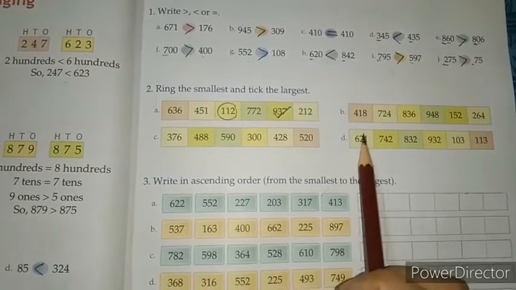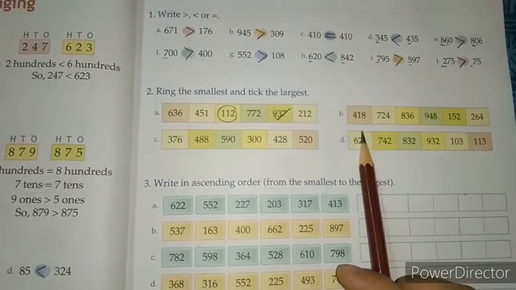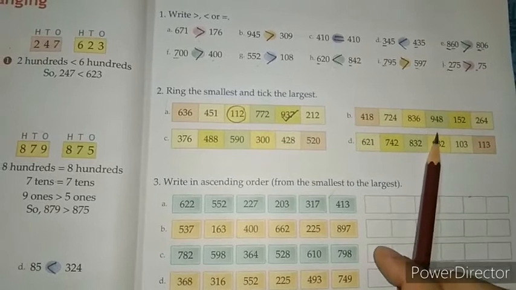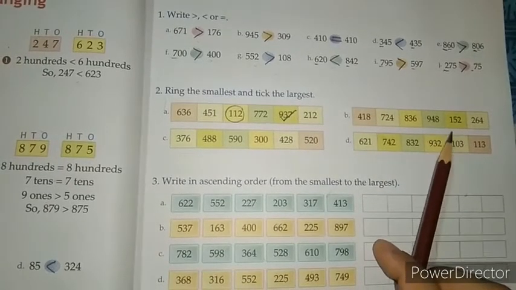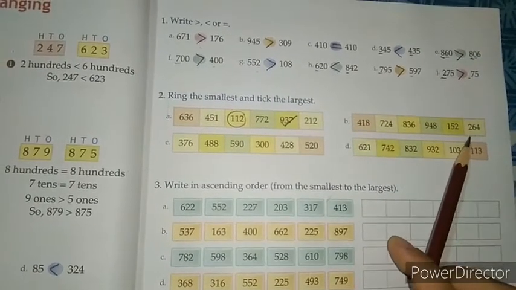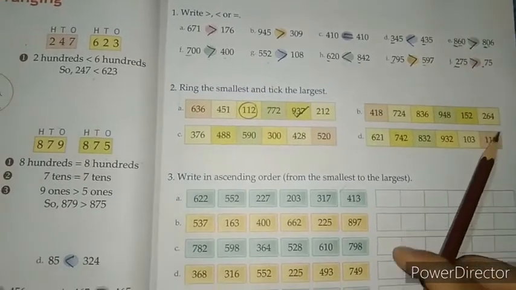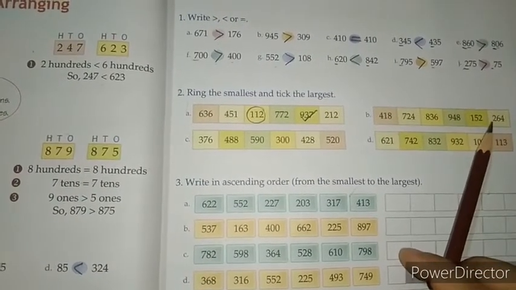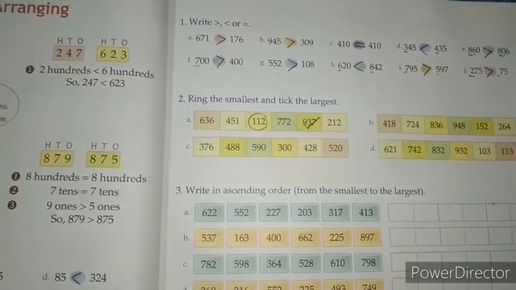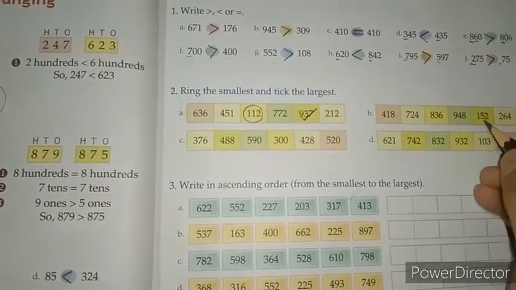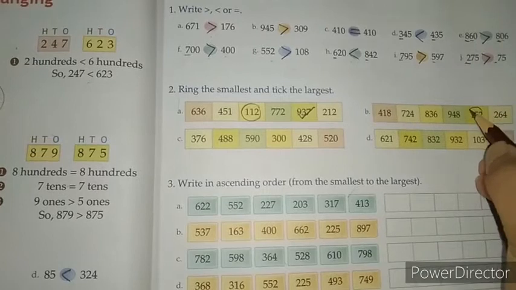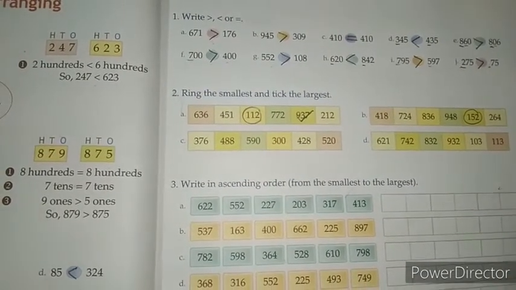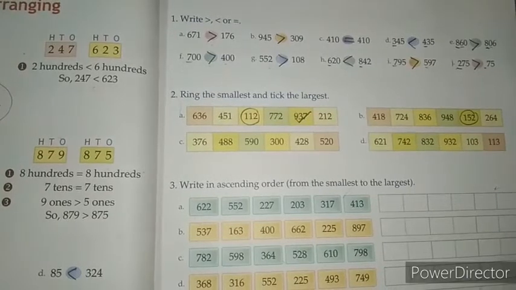Next one, question B. Here 418, 724, 836, 948, 152 and 264. Students, tell me which is the smallest number in these numbers. Yes, very good. Then 152, circle this. Next one, which is the largest number in these numbers?